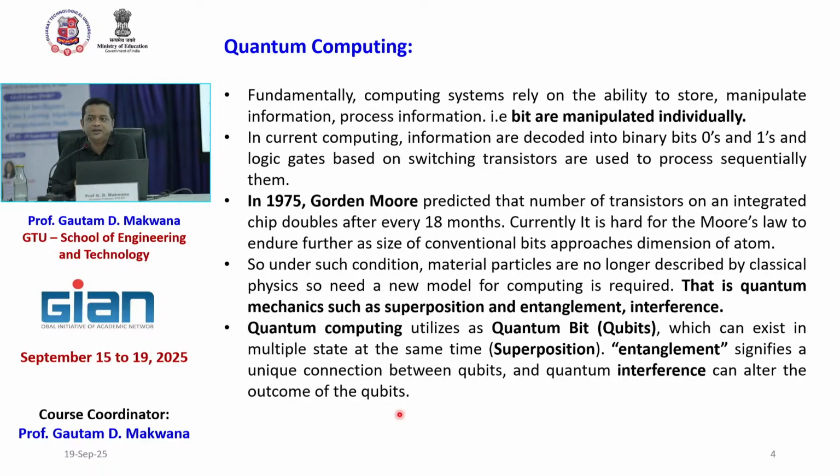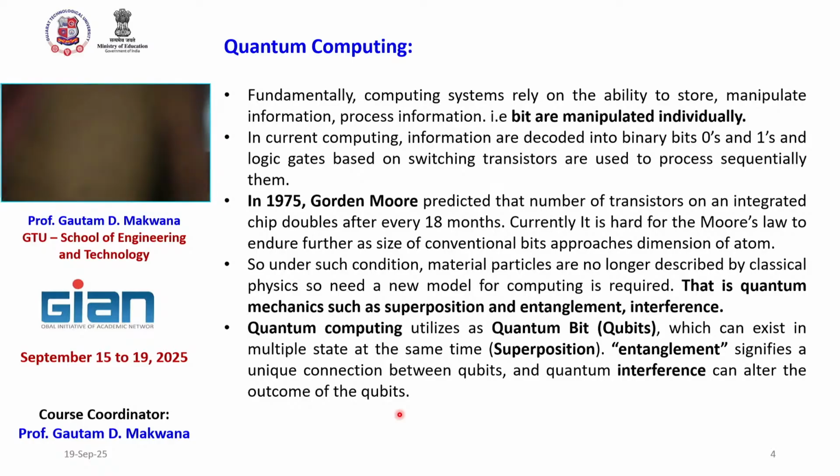Okay, so in this case the qubit has multiple states, 0, 1, and the combination of 0 and 1. That is because of the use of the superposition, entanglement, and interference principles of quantum mechanics, which are used in quantum computing.